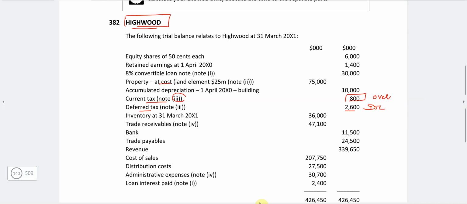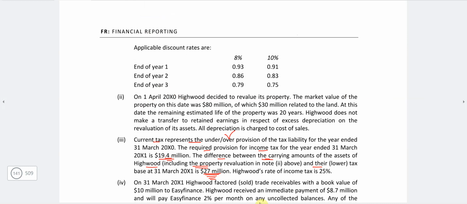75,000, and then we have the accumulated depreciation of 10,000. So 75,000 is the cost, and the accumulated depreciation is 10,000, so 65,000 is the carrying amount at the start of the year.